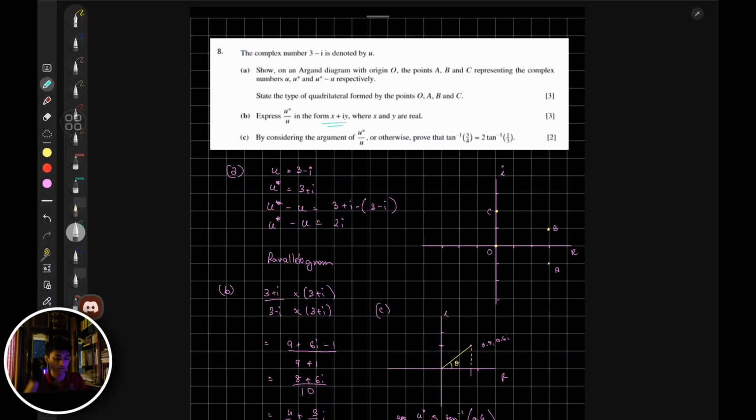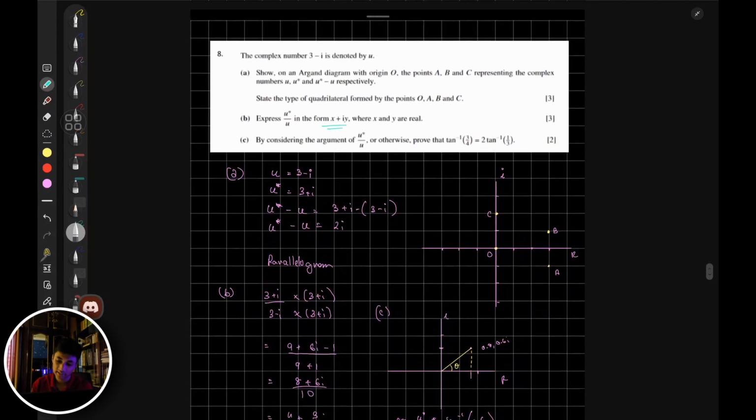Okay, for c: by considering the argument of u conjugate by u or otherwise, prove that tan inverse of 3/4 is 2 tan inverse of 1/3. So what is the point of this question? They're asking you to prove that, let's say we're taking tan inverse of 3/4.